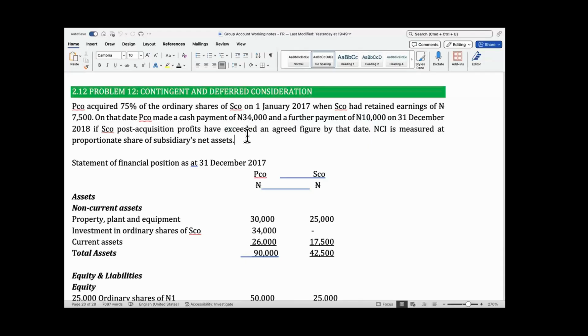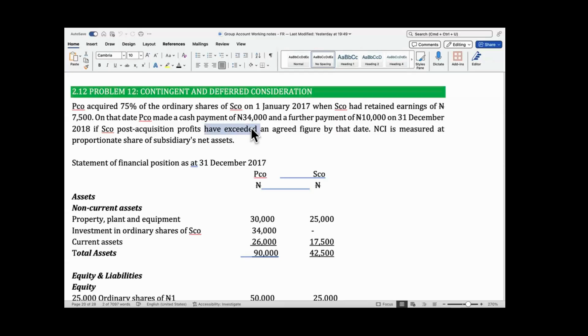But it cannot make a provision yet because it is not probable. Though there is a present obligation because he has entered into an agreement, it is not probable that there will be an outflow of resources, because the guy has not exceeded the agreed figure.